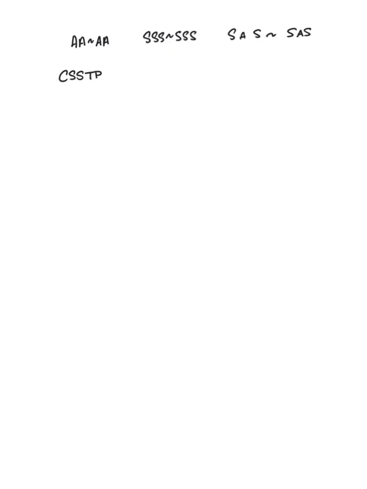We're going to learn 2 things. CSSTP. Okay, what does this mean? This is going to go in your reason bank now. This means that corresponding parts of similar triangles are in, corresponding sides, my bad.